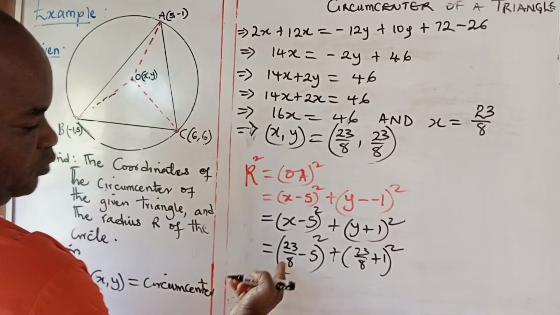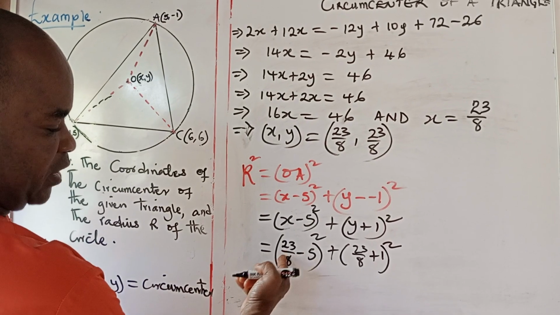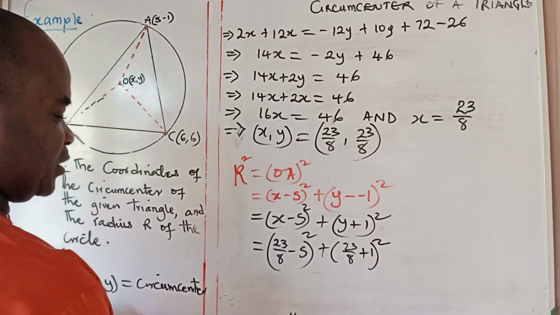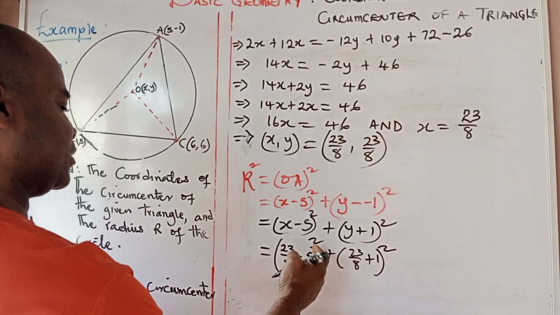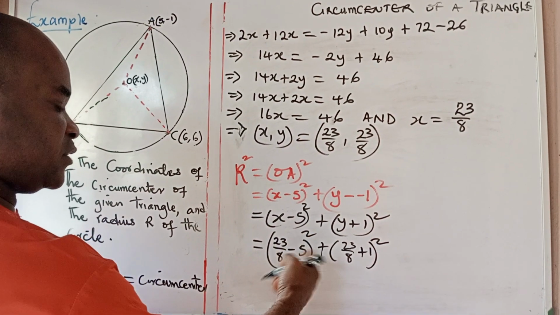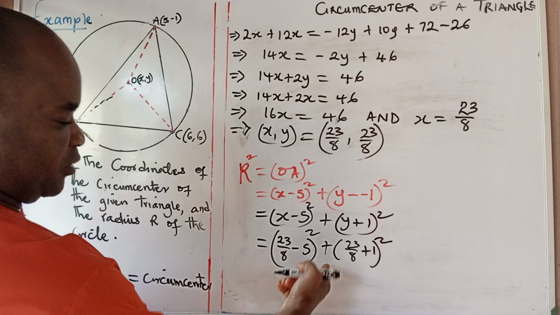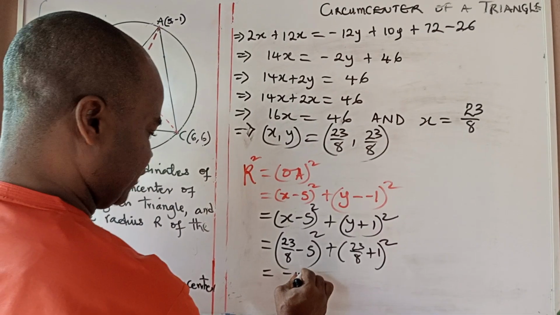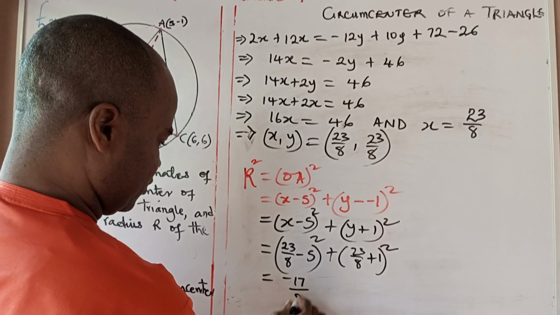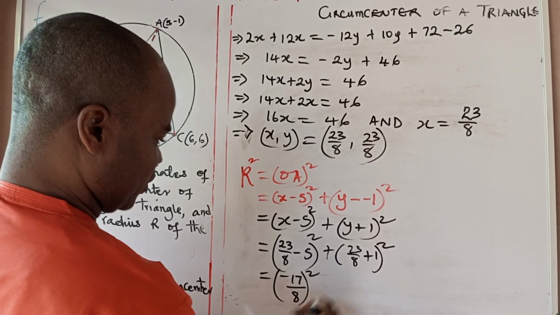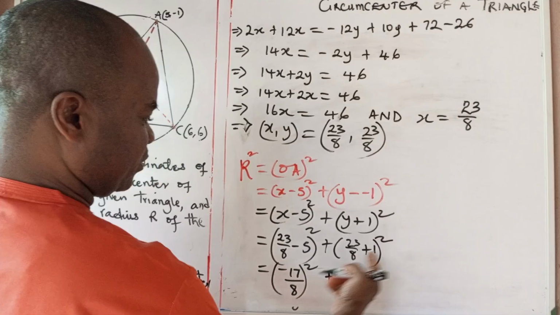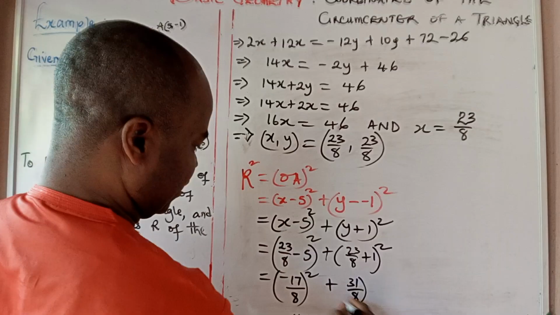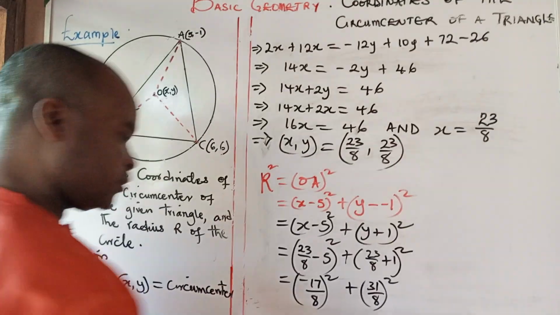Okay, so if you simplify this fraction by subtracting 5 from it, 5 times 8 is 40. So we want to have 23 minus 40, and that will give us negative 17 all over 8 squared plus, here that will be 8, plus this will give us 31 over 8 all squared.